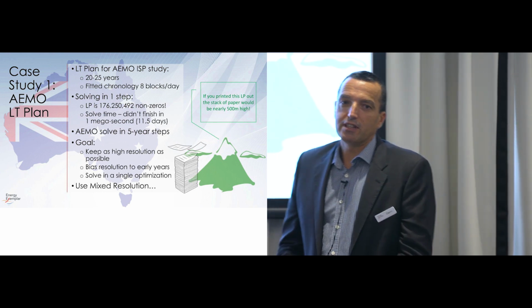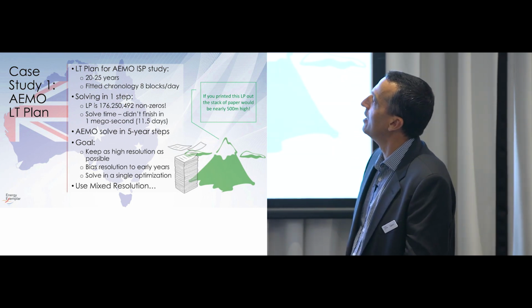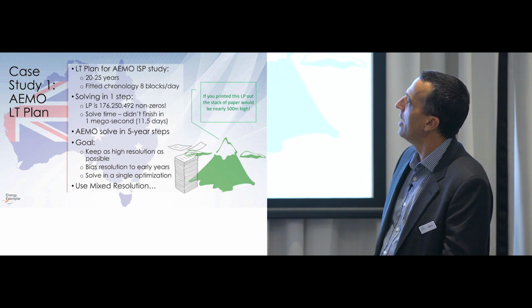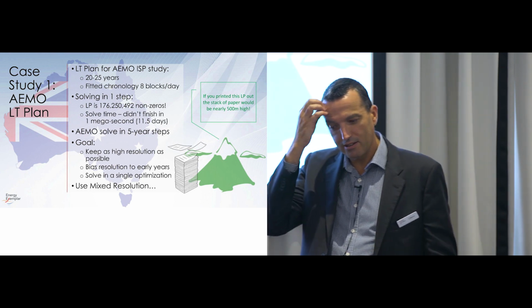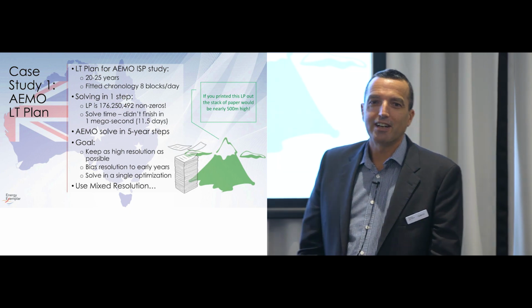So I had a go at solving this for 25 years at 8 blocks per day, and the LP was 176 million non-zeros. And I left it running on a machine on the cloud for a megasecond, 11 and a half days.